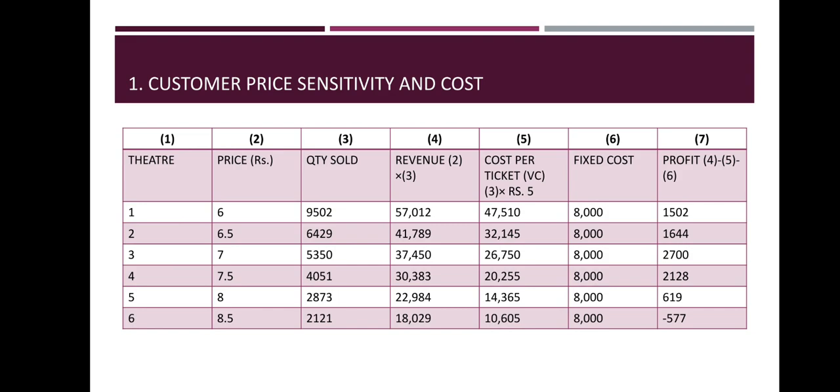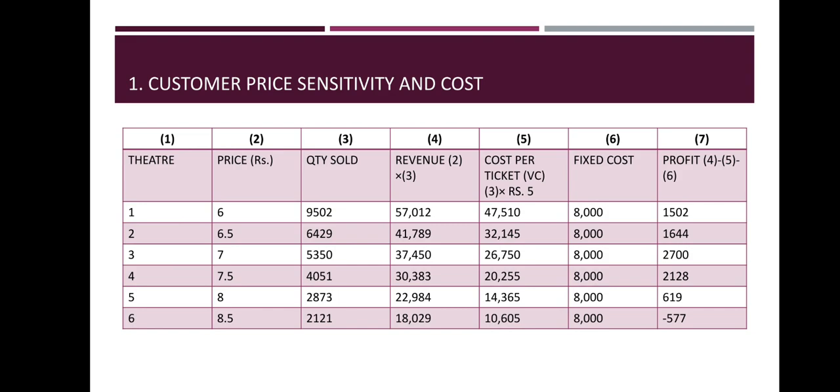With regard to the variable cost, you can see that it is also decreasing, but at the same time the sales are decreasing more than the variable cost. These are the things you have to notice.